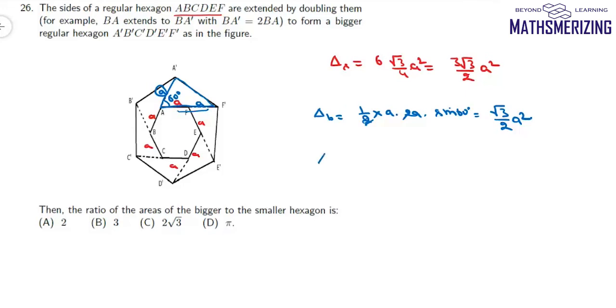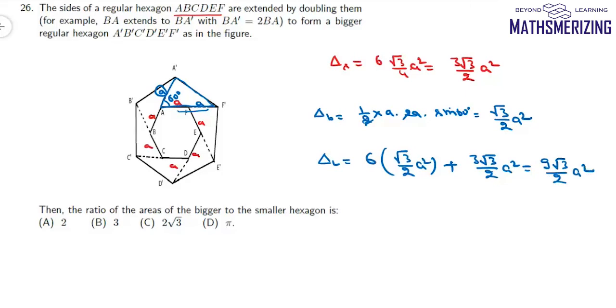So what is the area of this bigger hexagon? The area of this larger hexagon will be 6 times the area of this blue triangle. So this is 6 into root 3 by 2 into a square, and then plus the area of this small hexagon, which is 3 root 3 by 2 into a square. So here I'll get 9 root 3 by 2 into a square.